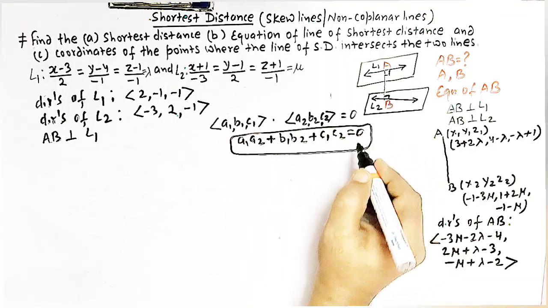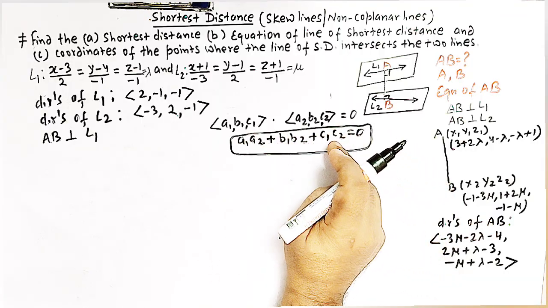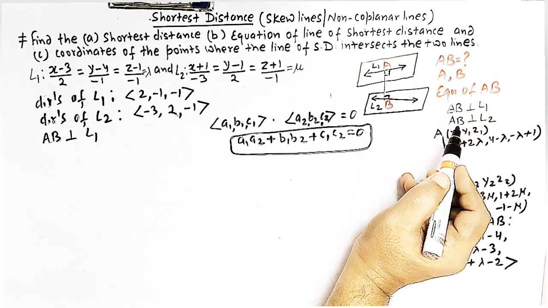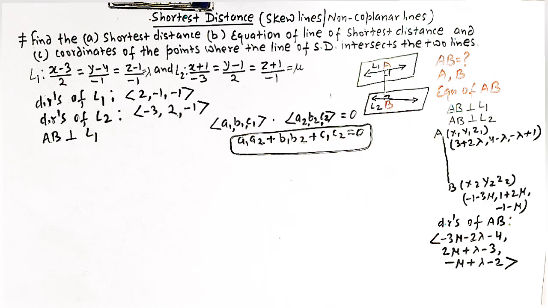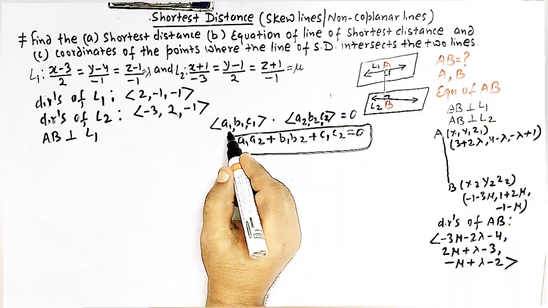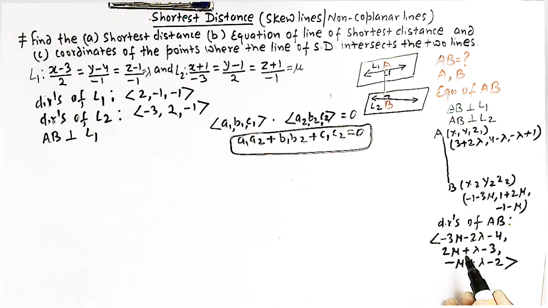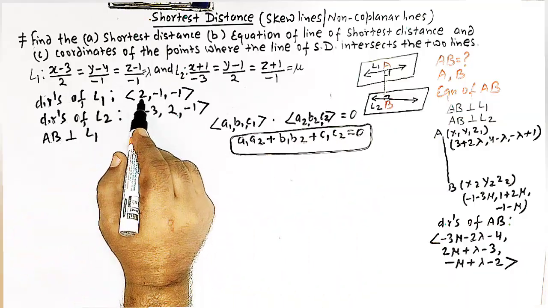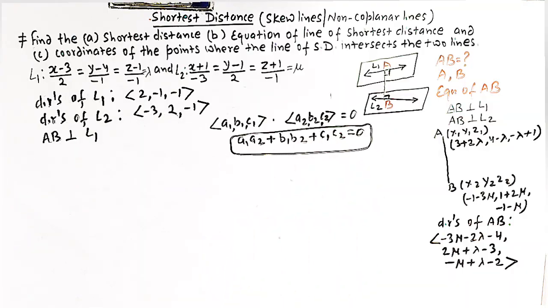So here we are going to use this condition when AB is perpendicular to L1 and AB is perpendicular to L2. When we apply AB perpendicular to L1, then A1, B1, C1 are given by these three numbers, and A2, B2, C2 are given by 2, minus 1, and minus 1.